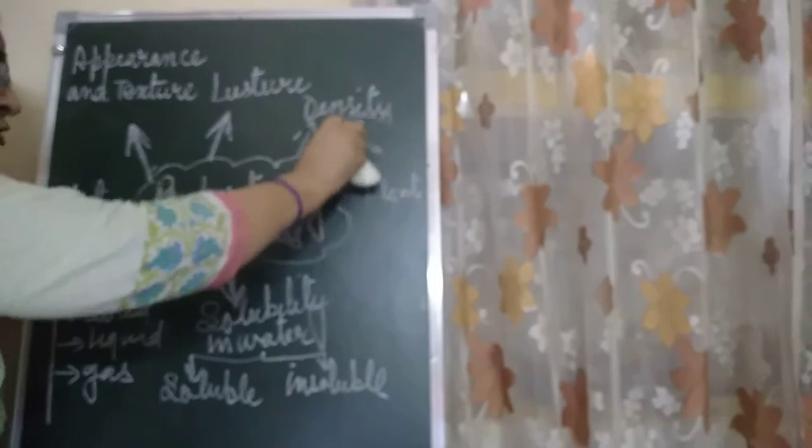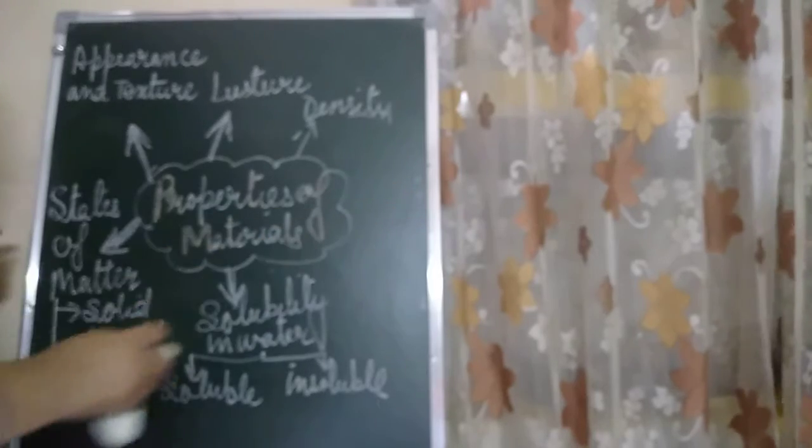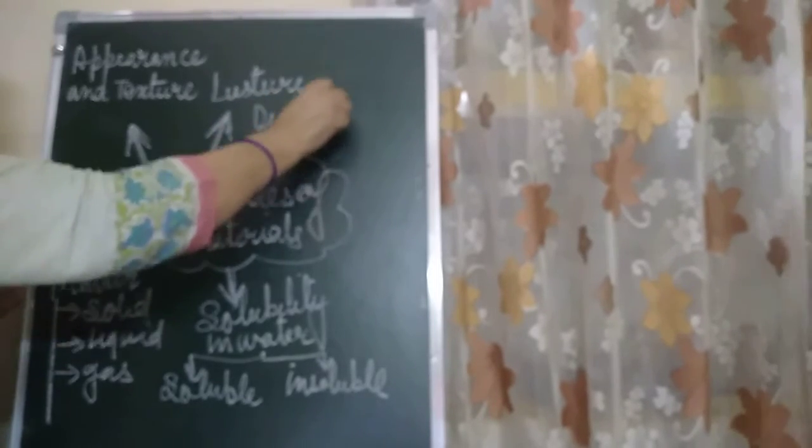Okay, children? Now we will come to the next property, that is transparency. Let us come to the next one, children, that is transparency. This was density.